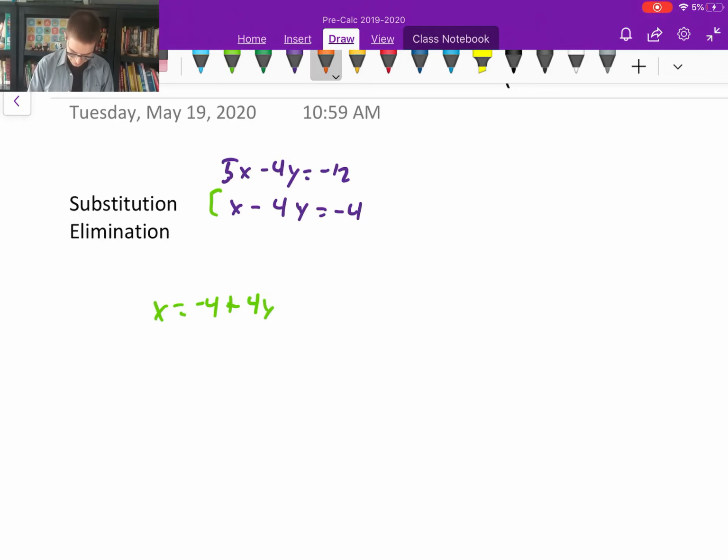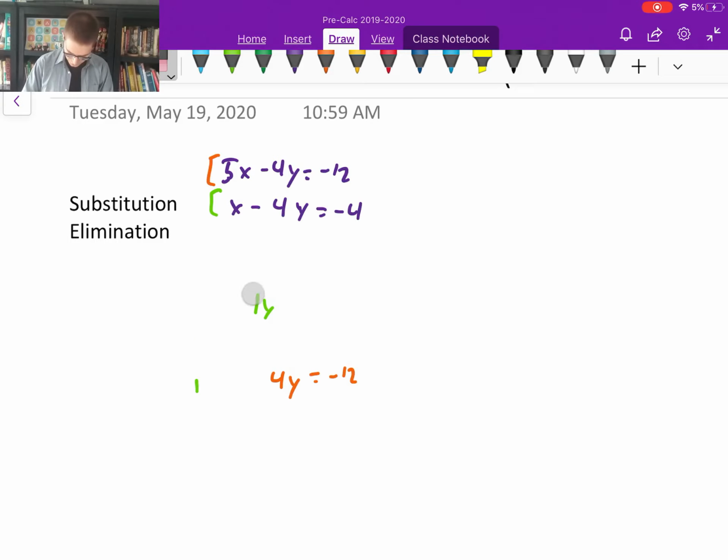I could say 5 times negative 4 plus 4y, minus 4y equals negative 12, and then you just solve for y. After you solve for y, you plug that back into the equation, and you get x.